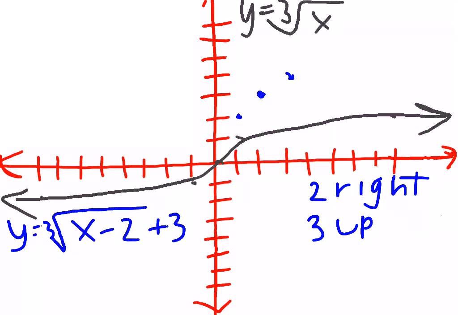When I move to the right, 8 is my next perfect cube, so that's 1, 2, 3, 4, 5, 6, 7, 8. When I move to the right 8, my cubed root is a positive 2. So it's going to be right over there.